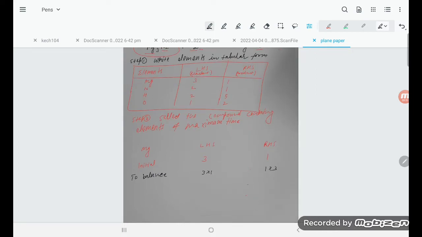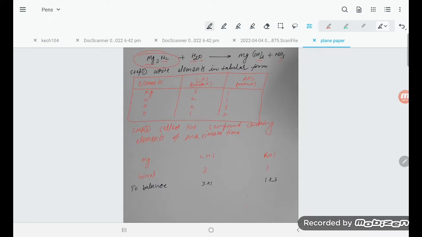Now we write the next equation: Mg3N2 plus H2O gives 3Mg(OH)2, because this number is multiplied, plus NH3. So the magnesium atom is balanced.